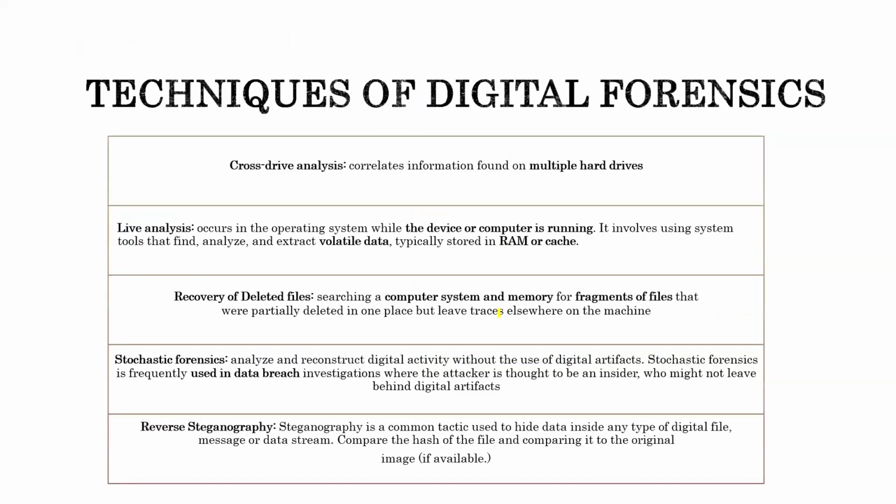So, going faster, we can look at different ways of approaching forensics. We need to look at multiple devices. We need to look at cross drive analysis as well. These forms keep changing, so we cannot look only from one perspective. We need to check the volatile data in RAM and cache.